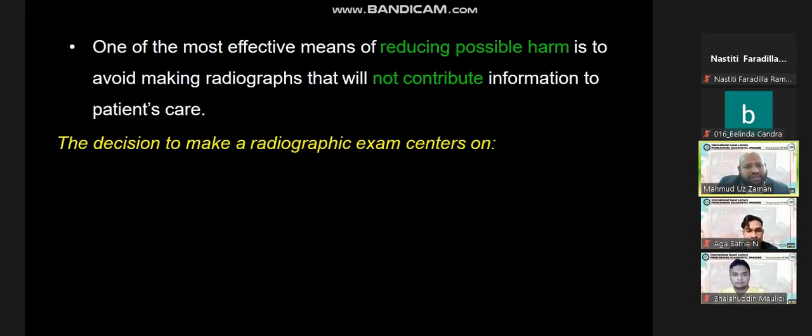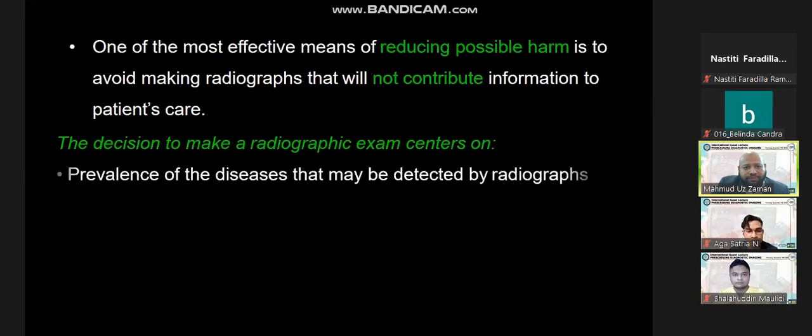So the decision to make a radiographic exam depends on the prevalence of disease that may be detected on the radiograph. What type of disease do you want to see, and which is the best possible radiograph for that disease? For caries or periodontal disease, which are the most common, maybe 80 to 90% of your cases, you will go for a simple periapical or bite-wing radiograph.